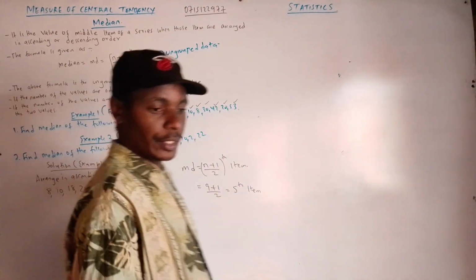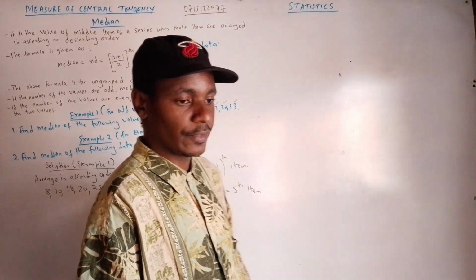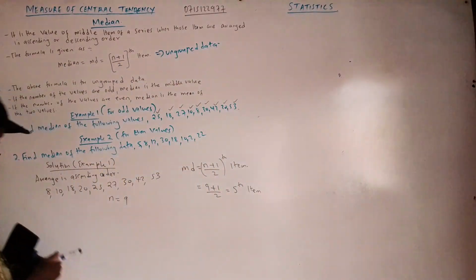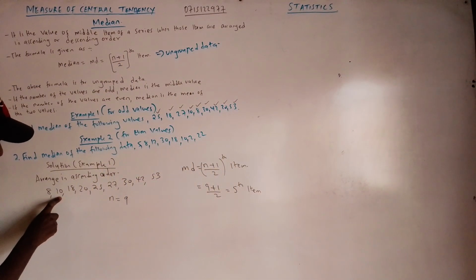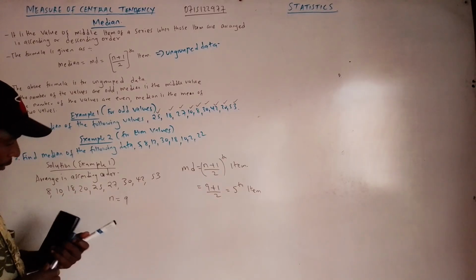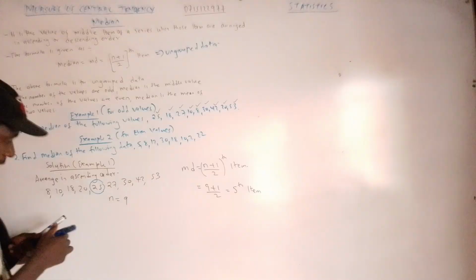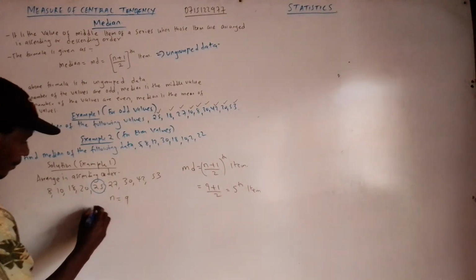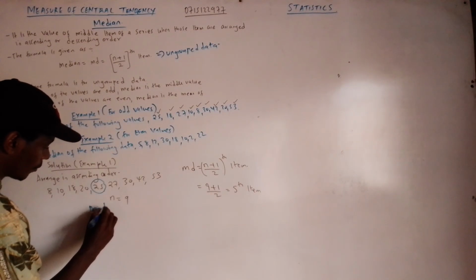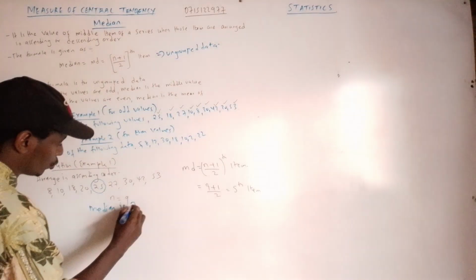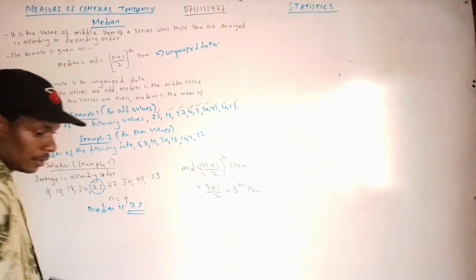Let us see the fifth item here: first, second, third, fourth, fifth. Our fifth item is 25. So 25 is our median. You can say the median is 25. That is the fifth item.